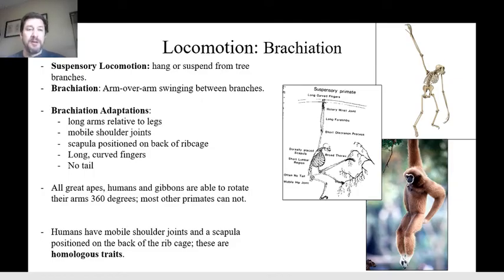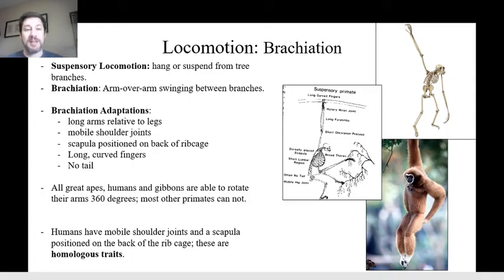And so that requires a whole bunch of weird adaptations that most species, most mammals, don't have. So your arms need to be long relative to your legs. You need to have very mobile shoulder joints. Obviously, doing this is really hard for most animals, right? So that's something special that we can do as primates. And in order to do that, your scapula has to be positioned on the back of the rib cage.